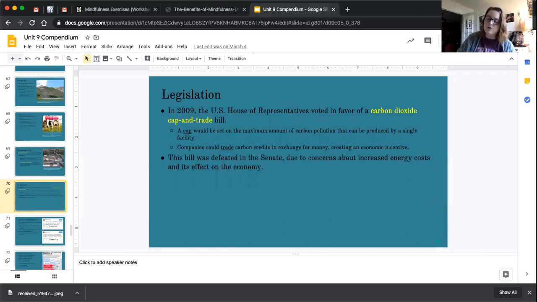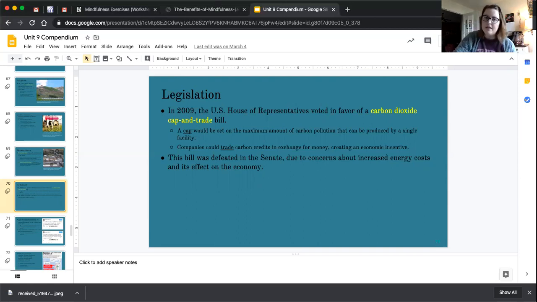And so it would create a financial incentive for corporations to be under the limit, because if they are under the limit, they could sell that limit to another factory that needs it, right?